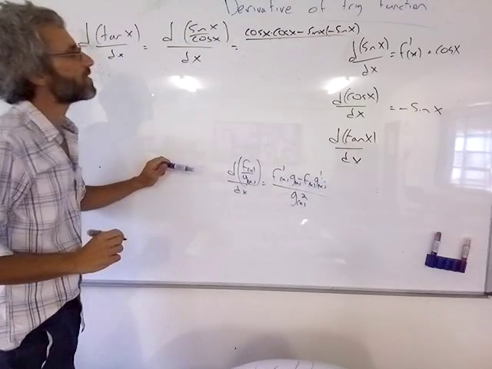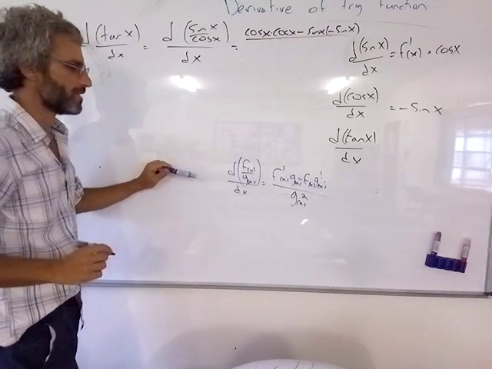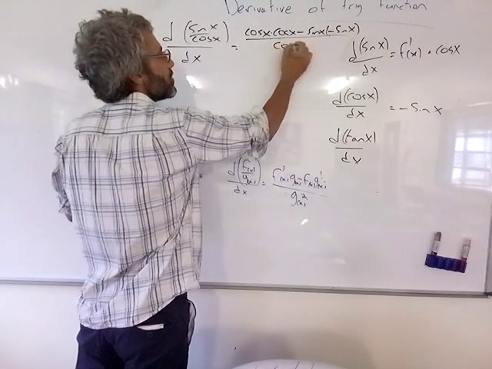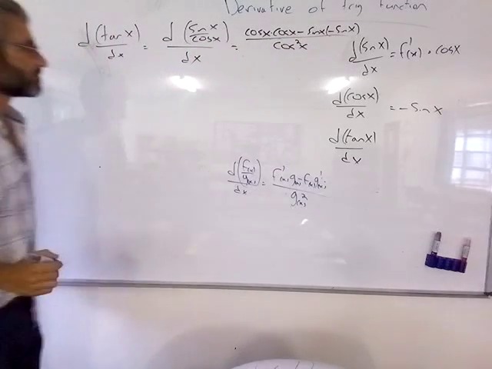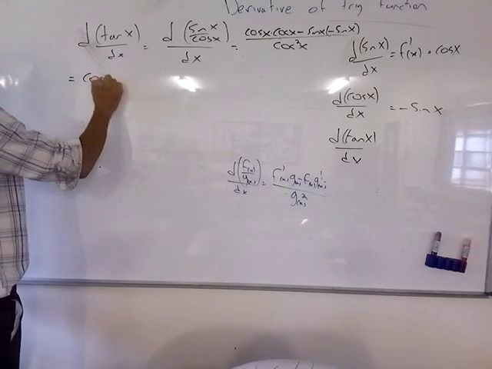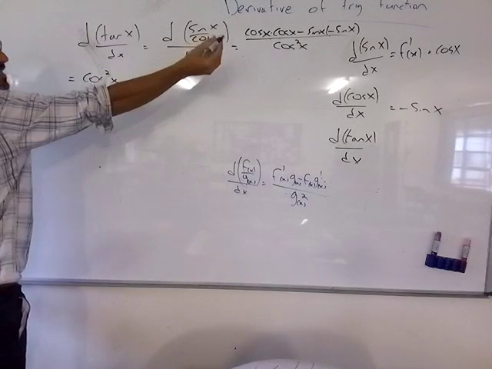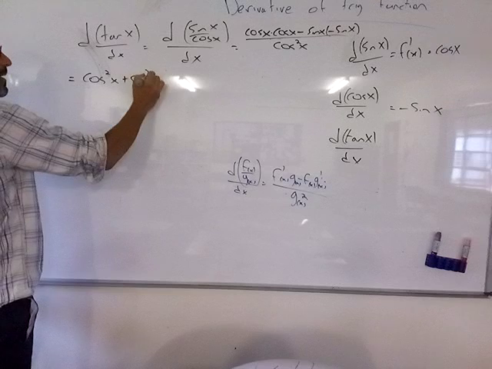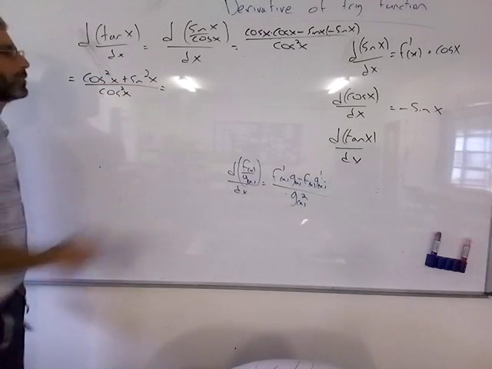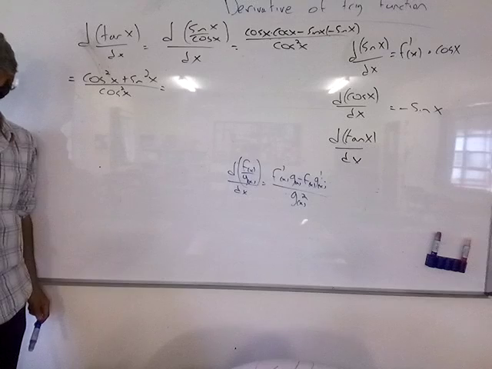Okay? You've got something that looks long, but actually is really easy. And divided by g squared. G was cosine, so it's cosine squared x. Okay? Now what do we have here? Cosine squared x plus sine squared x, divided by cosine squared x. What can we do straight away? It's 1.